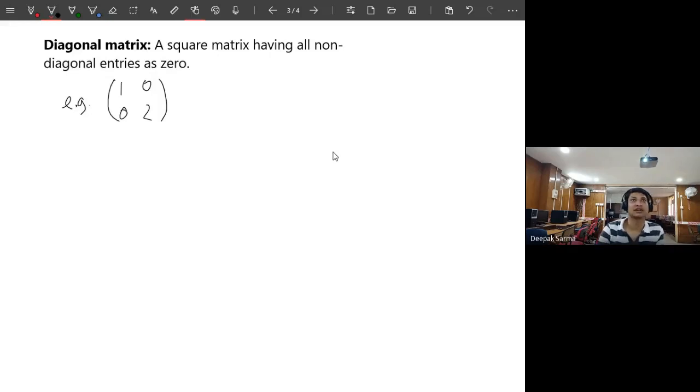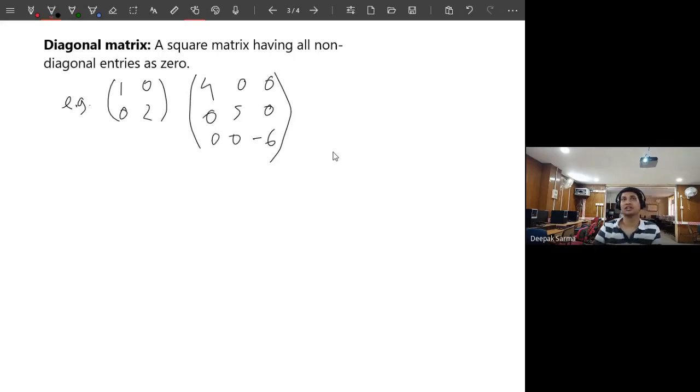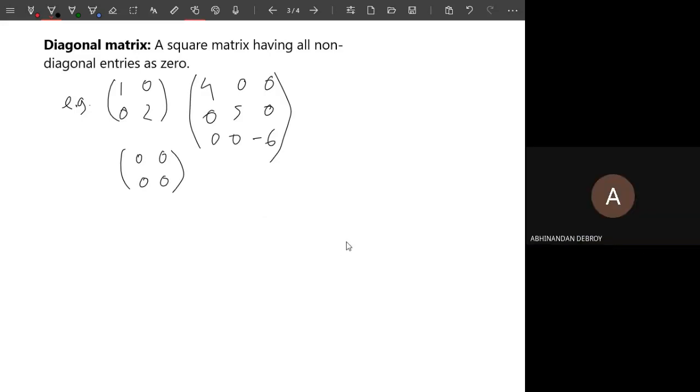If I have to write a 3 by 3 matrix, because it should be square by definition, suppose 4, 5, minus 6, and all the others are 0. Got it? Only in the diagonal. So if I consider this particular matrix as I considered earlier, is this a diagonal matrix? Yes, sir. Why?